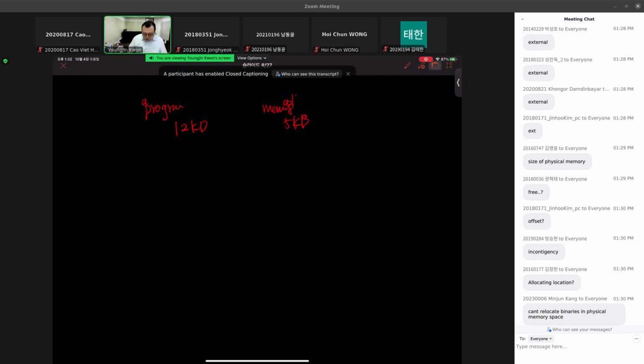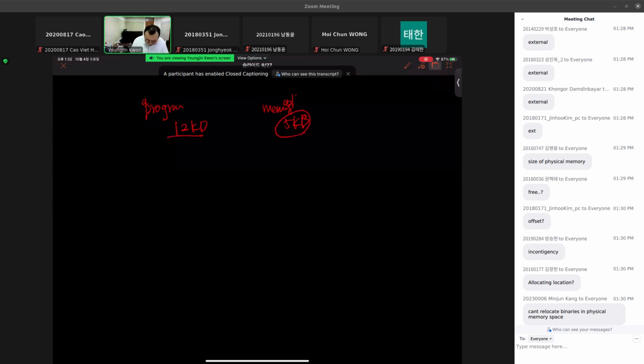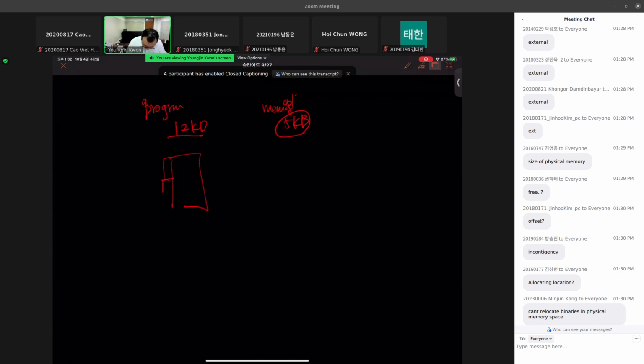So let's say the basic unit is 5 kilobytes and the program is only 12 kilobytes. The operating system has 3 chunks of 4 kilobytes: 4, 4, 4. The application only uses 12 kilobytes, and this one is wasted.